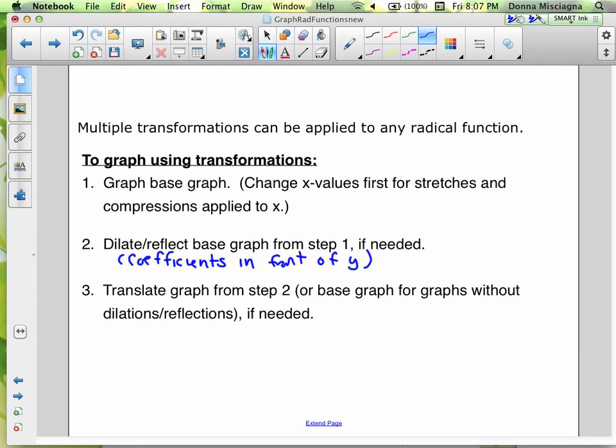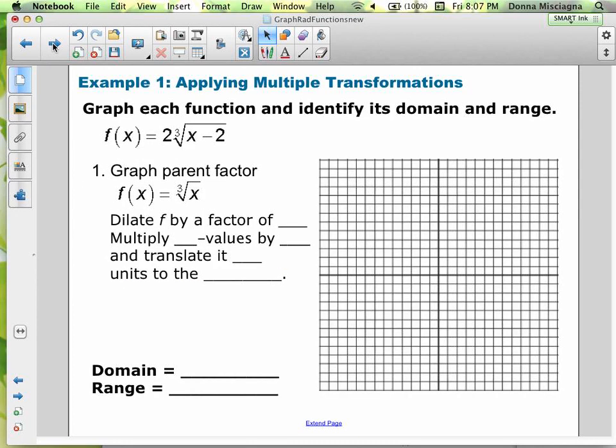All right, so let's take a look how this looks. We're going to graph our function and identify its domain and range. We're going to graph the parent function first, and then we're going to transform it. Our parent function is the cube root function, f of x equals the cube root of x.